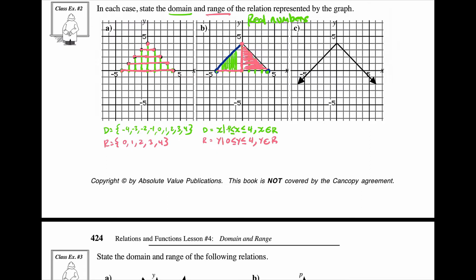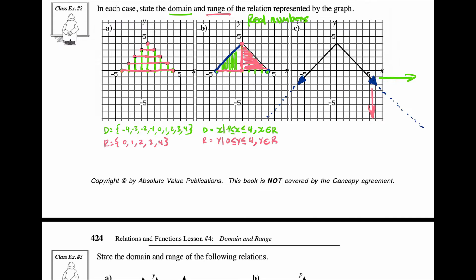Okay, now we're moving on to the last case right here, where I have a closed arrowhead, which basically tells me that this would go on forever and ever in that direction. Now, what is it doing? Well, it's going down, which is negative in the y value, and it's also going to the right, which is positive in the x.